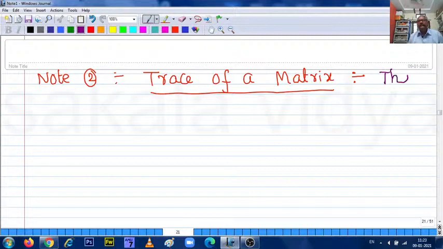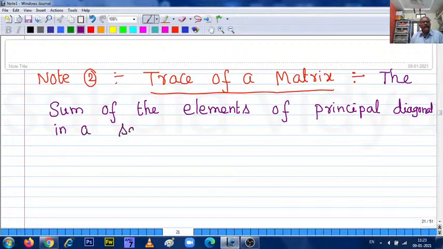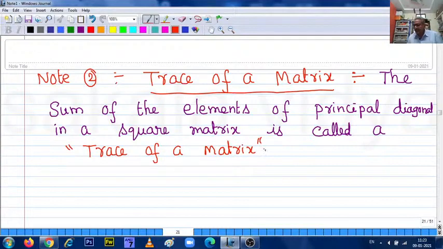The sum of the elements of the principal diagonal in a square matrix is called the trace of a matrix. This is the definition of the trace of the matrix.